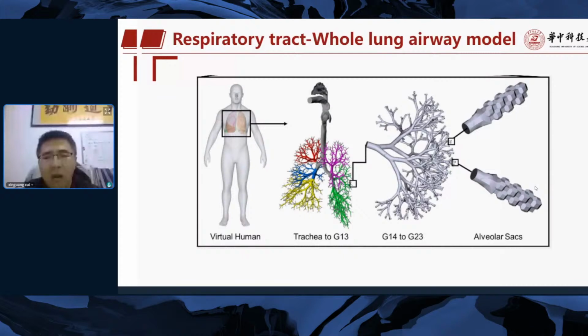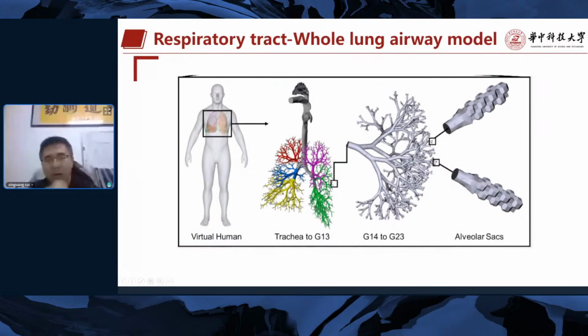In fact, this model was developed by Professor Feng, and I think we will also follow his way to build the larger bronchial airways.